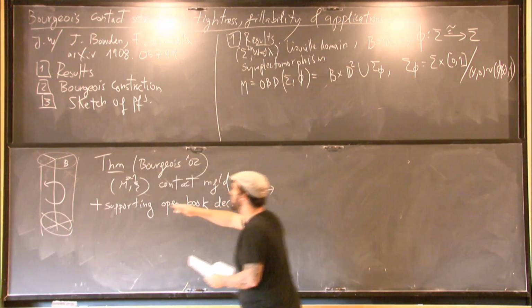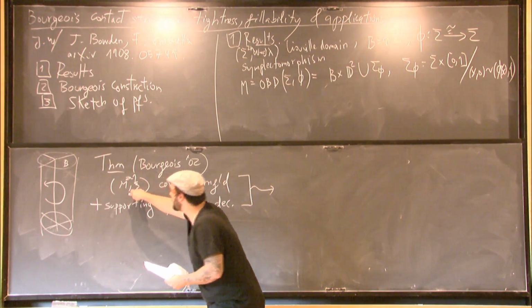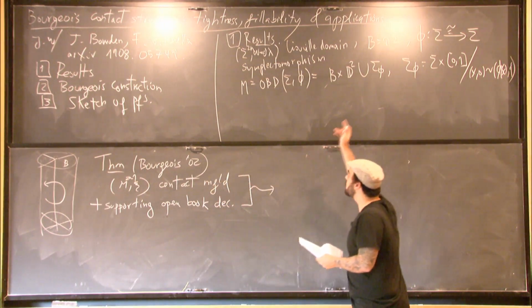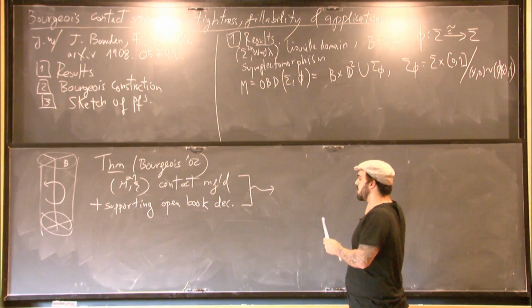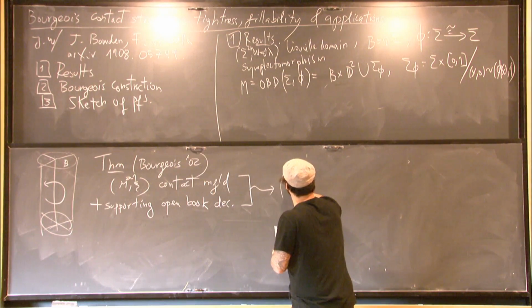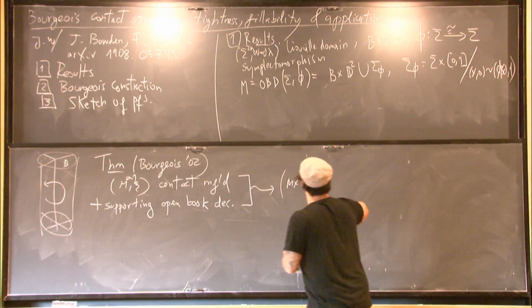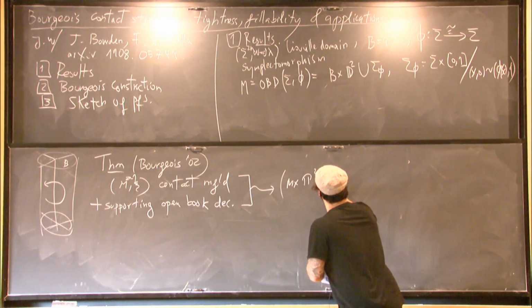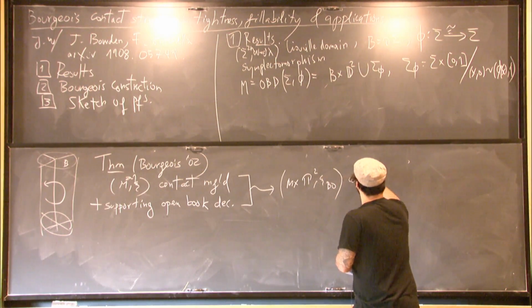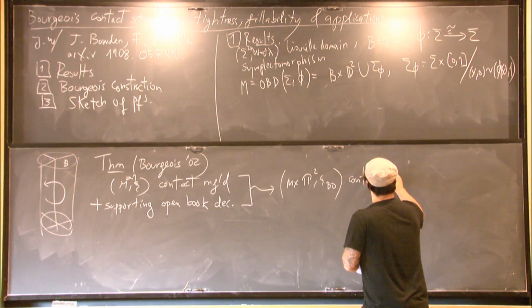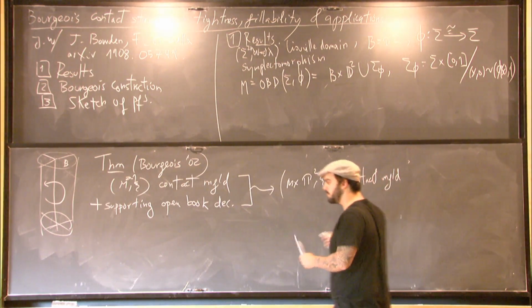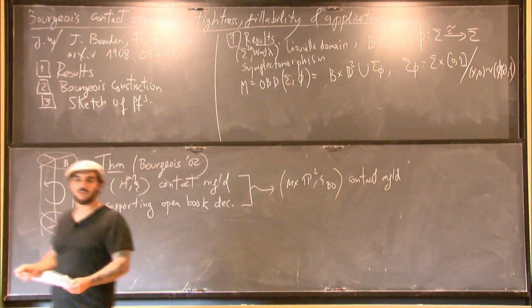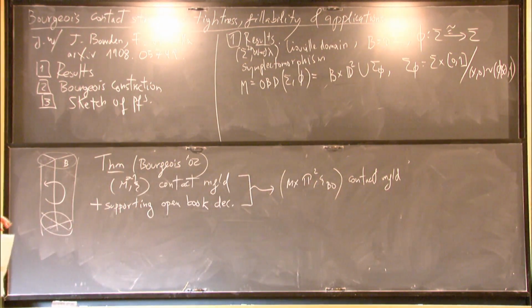So associated to these two pieces of data, my contact structure and an open book supporting it, Bourgeois constructs a contact structure on the product of M with T2. Right. So this is some construction. The motivation for this, of course, at the time when this was done, was to construct explicit examples of contact manifolds in higher dimensions.